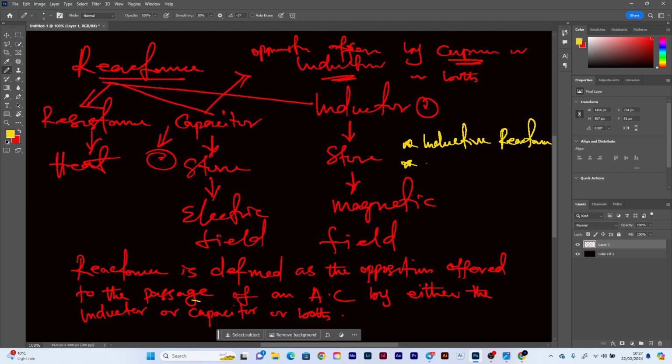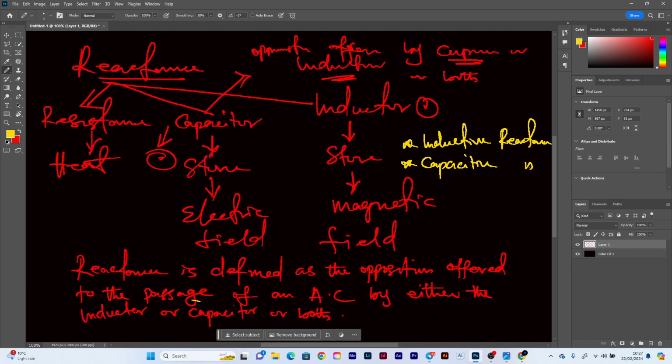Then we have what we call capacitive reactance. When you say capacitive reactance, what does that mean? It means the opposition offered to the passage of an AC by a capacitor. Am I making sense?